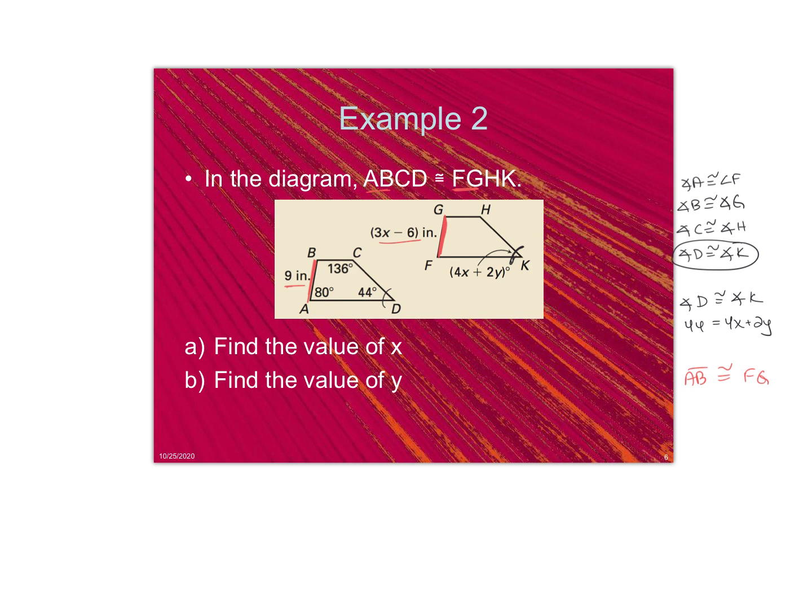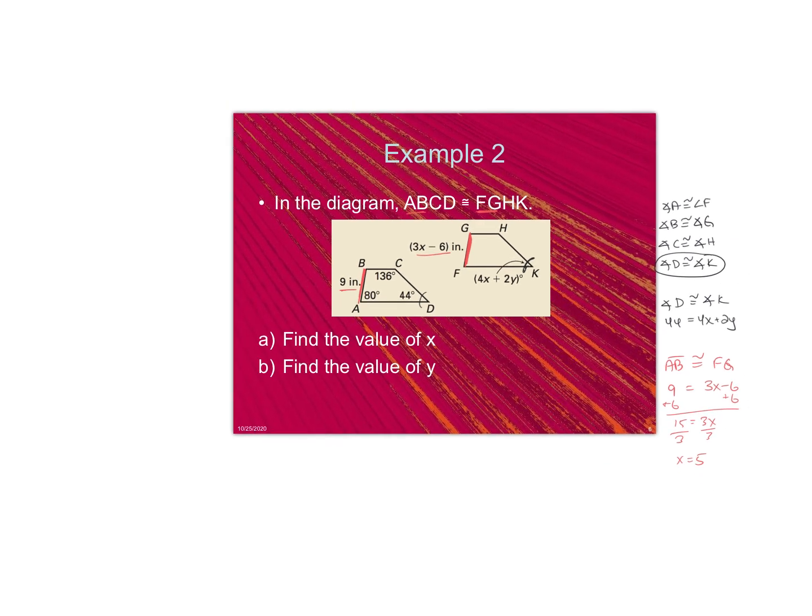If AB equals 9, it's going to equal FG, which is 3x minus 6. So I get 15 equals 3x, divide by 3, and I know that x equals 5 units. So x equals 5, which is good.